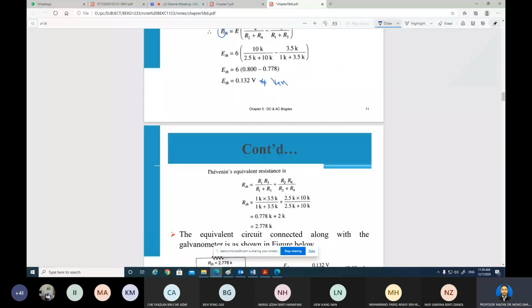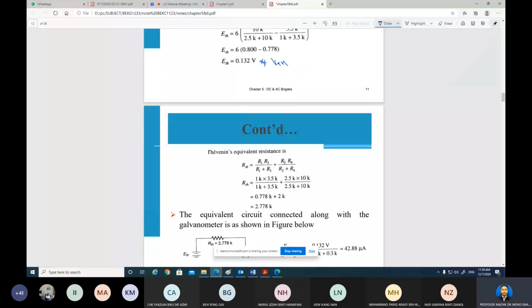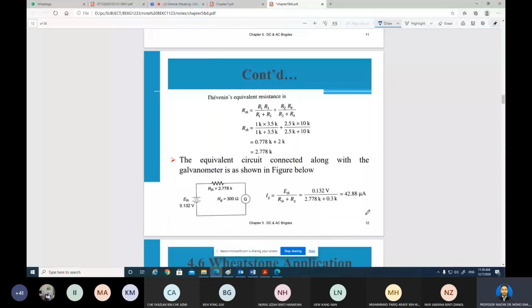And then next we have to calculate the resistance Thevenin here, using the formula. Straightforward. R1 multiplied by R3 divided by R1 plus R3, plus R2 multiplied by R4 divided by R2 plus R4. That is the formula.